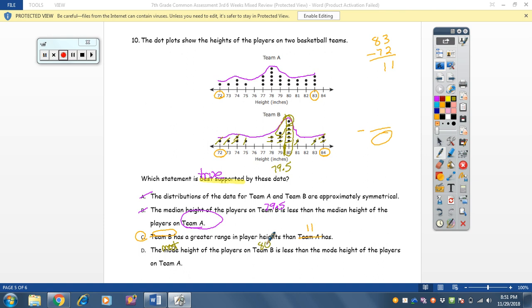Right, 80 is less than the mode height of the players on Team A. So you're going to have to find the number with the most dots and write that number here. Is 80 less than the number you wrote here? Hopefully not.